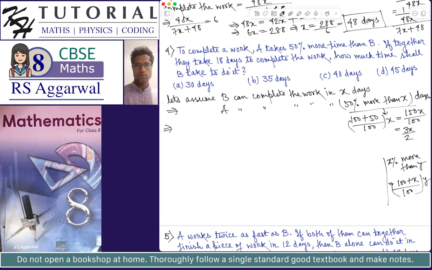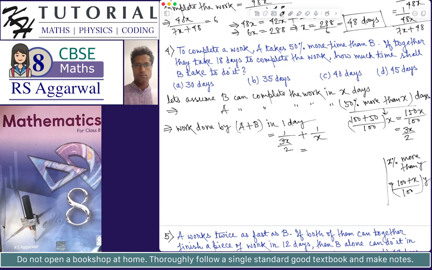So we can now say that the work done by A plus B in one day will be equal to the work done by A in one day, which is 1 by 3x by 2, plus 1 by x.